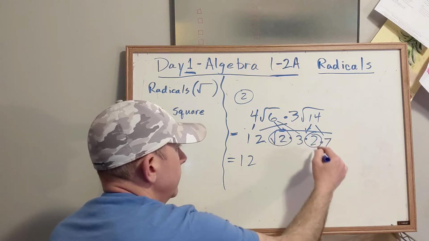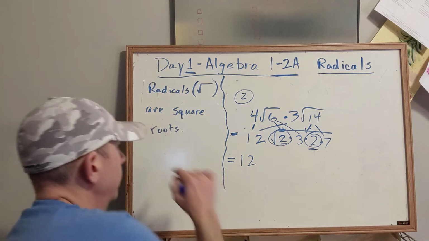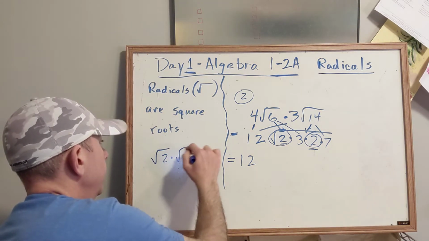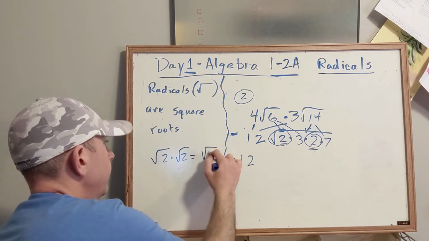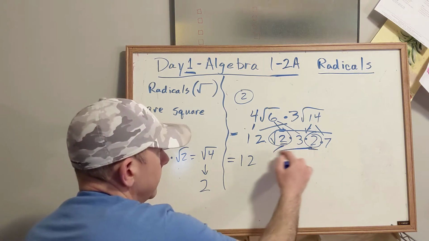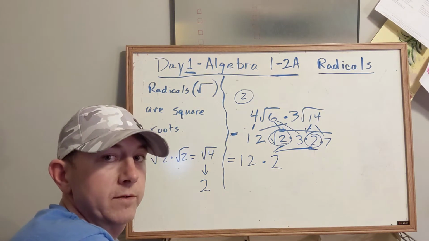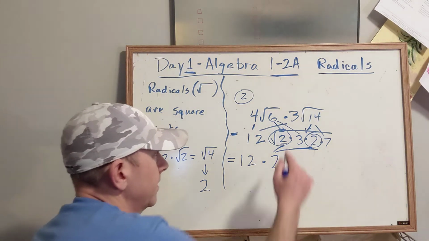So the 2's will be radical 2, radical 2. That's equal to the square root of 4, which is 2. So these 2 are going to move out here, and that becomes a 2 outside because that is a perfect square. That's what the matches create.